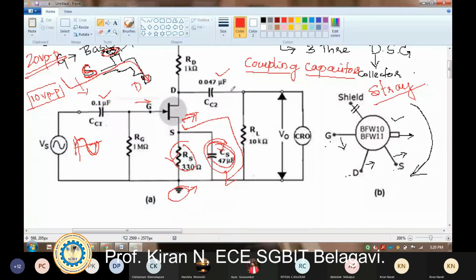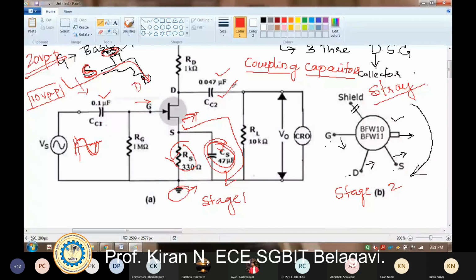And this is a coupling capacitor C2. Suppose I want to connect the same circuit in a second stage. Assume this is stage 1, and I want to connect the same circuit for the second stage. Then I need one more circuit with the same components. That circuit will be connected through this coupling capacitor for the next stage.